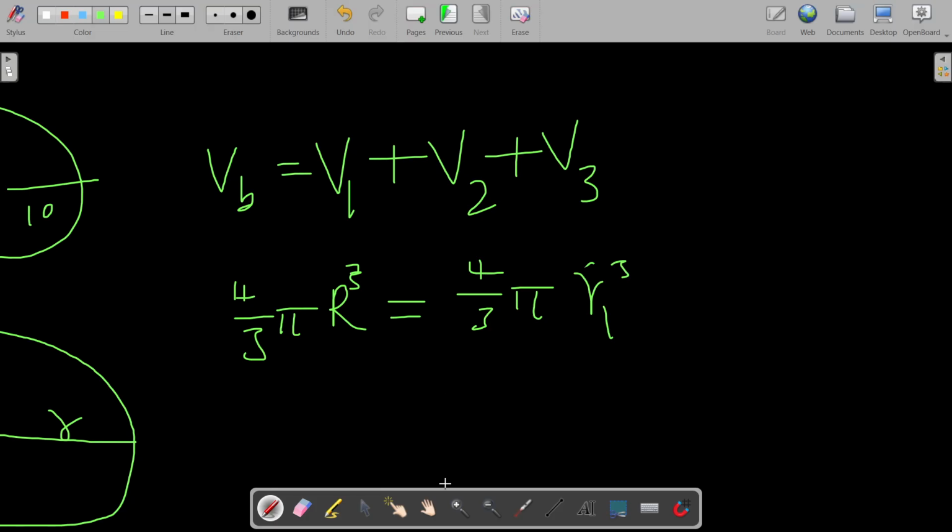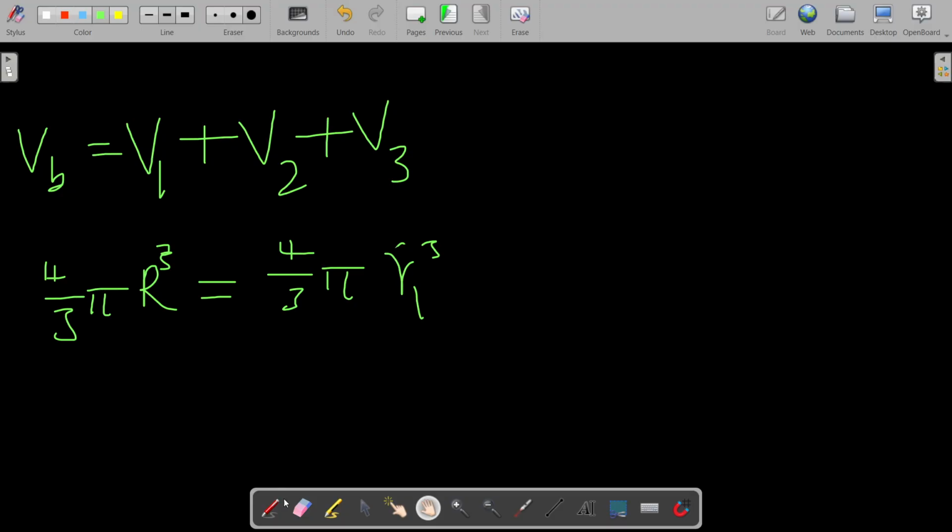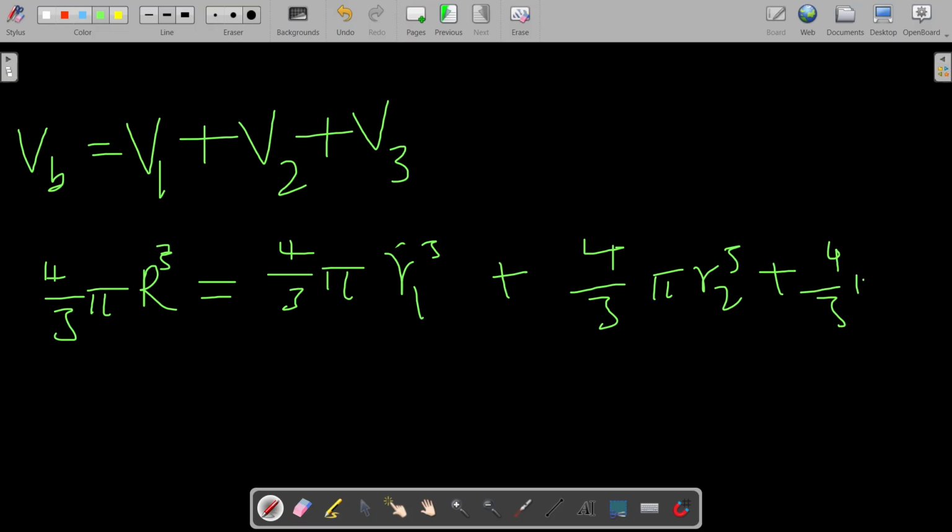Let's call them small r1, small r2, small r3. For the second one it is 4 by 3 pi r2 cube, and for the third one it is 4 by 3 pi r3 cube.